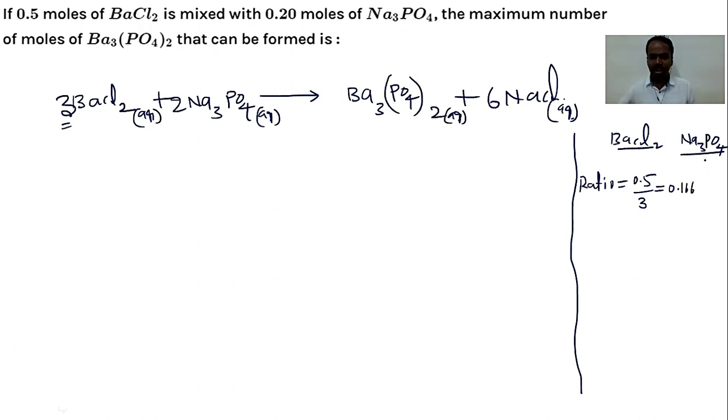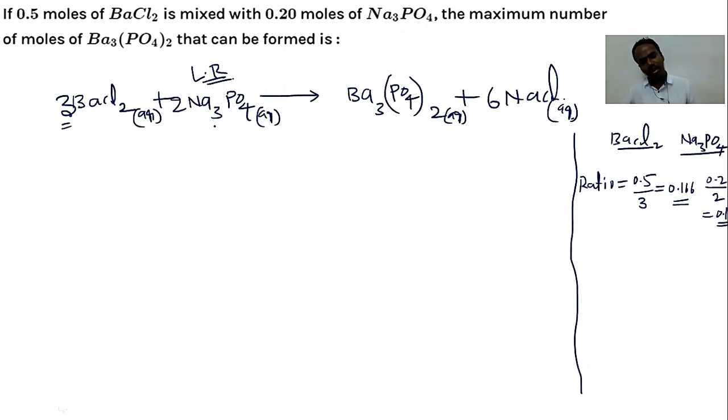In the same way for Na3PO4, the number of moles given is 0.2. The stoichiometric coefficient of Na3PO4 is 2, so that is 0.1. 0.1 is less than 0.166. So Na3PO4 has the least ratio. That's why Na3PO4 is the limiting reagent.